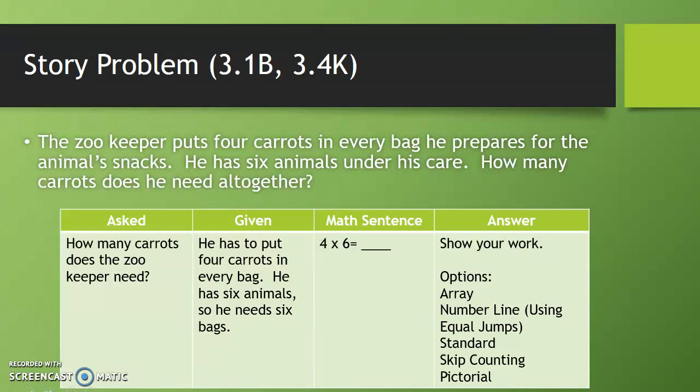Let's show our work. Would you like to make an array, or do a number line, a standard equation, like on the last slide, or skip counting?